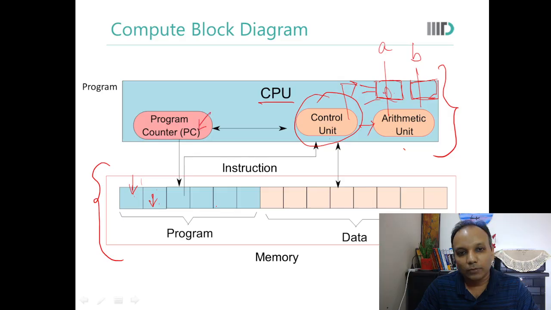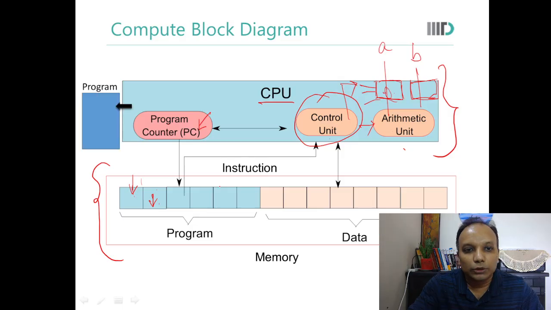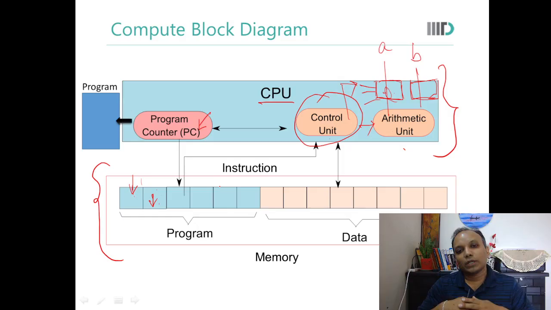All right. So, we have a small animation which shows that if this is your program, the program counter moves from one instruction to another to tell the CPU that the next instruction has to be fetched from here. This is very, very important.